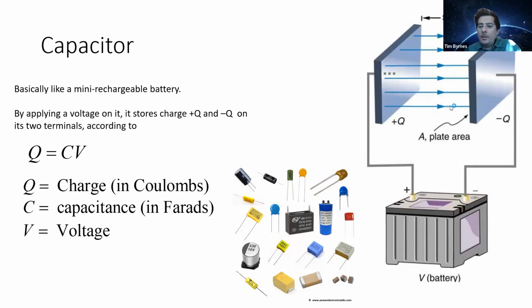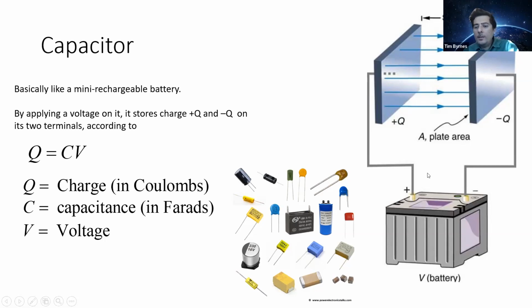And how it basically works is that you have 2 electrical conductors separated by some small distance, and they are not connected at all. Okay, so there's an insulator in between them, and the reason why a capacitor acts as a battery, if you like, is that when you charge up the capacitor, you will have some charge on, say, the positive plate and some charge on the negative plate.